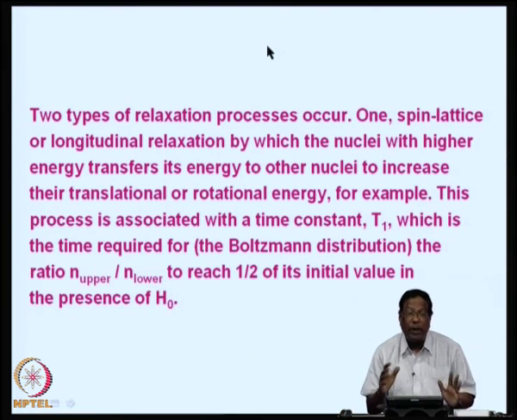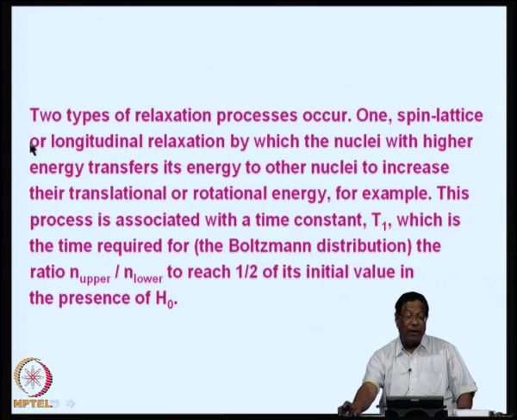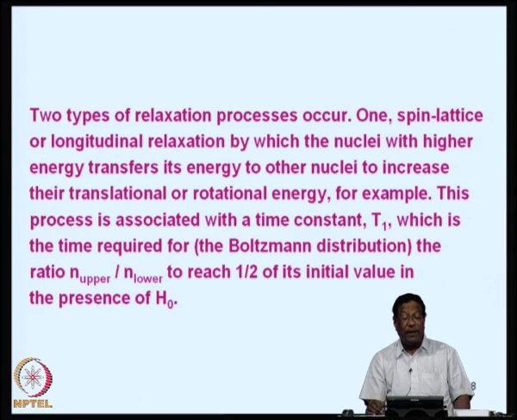So, there are two types of relaxation processes. One is spin-lattice or longitudinal relaxation, by which the nuclei with higher energy transfer their energy to other nuclei to increase their translational and rotational energy. That means the one with higher energy can transfer its energy to other nuclei, and other nuclei will gain translational or rotational energy.